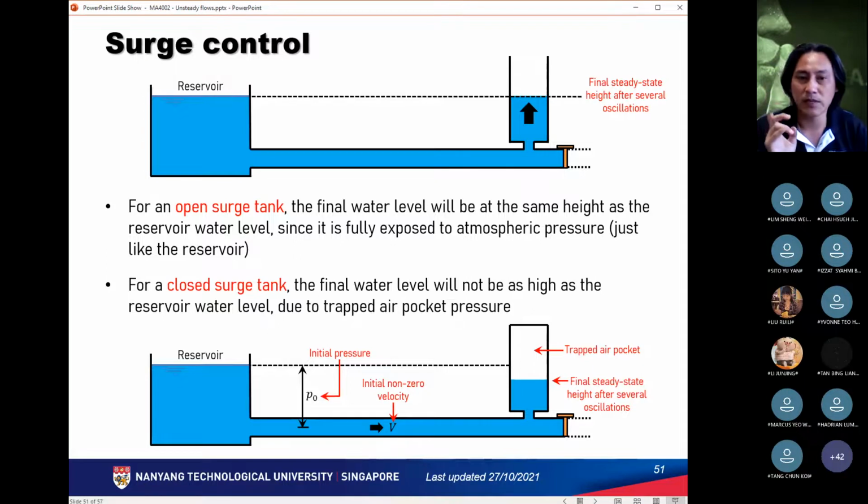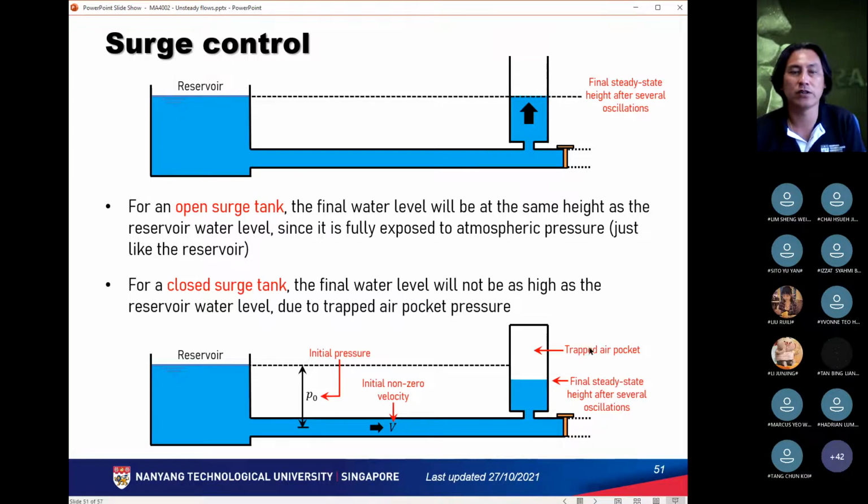Now things will be a little bit different if I'm talking about a closed surge tank, or a pressurized surge tank. As the name implies, a closed surge tank means that instead of having an open top, you're going to have a closed top, and you're going to have a pocket of trapped air within this surge tank.